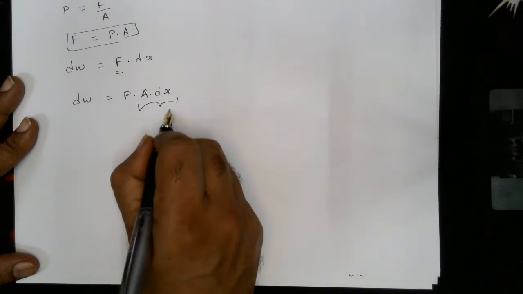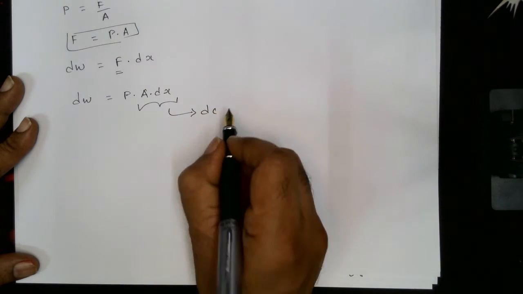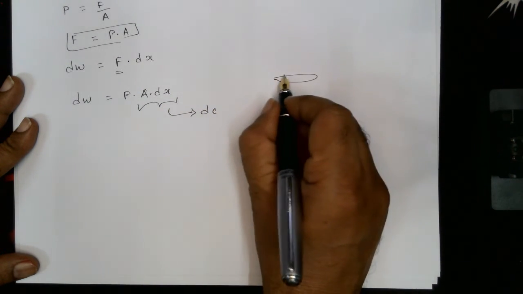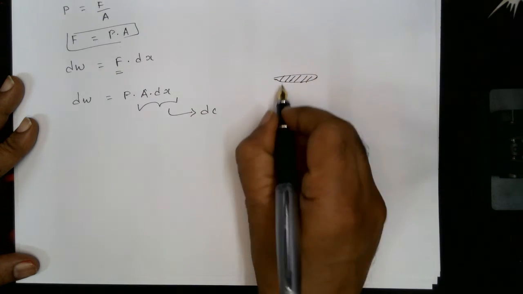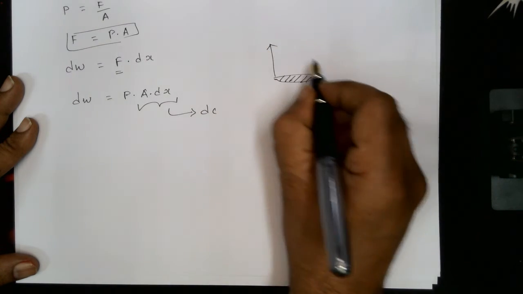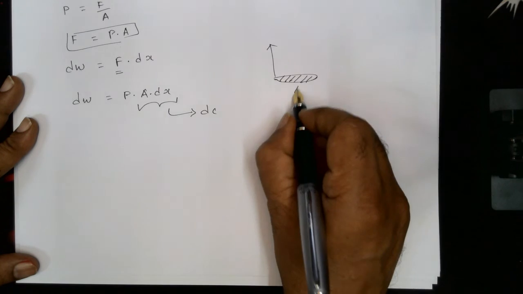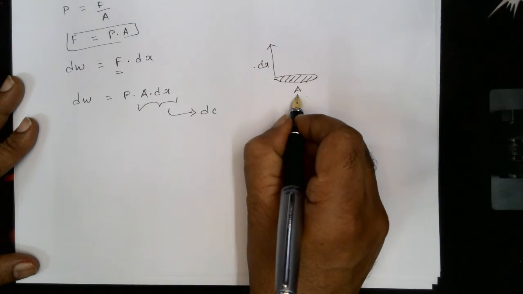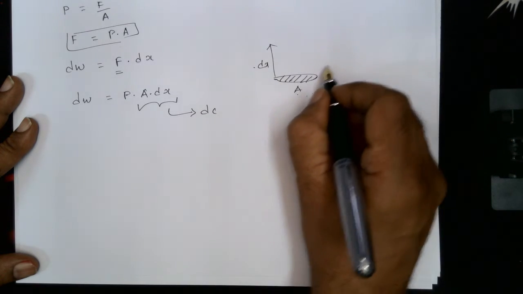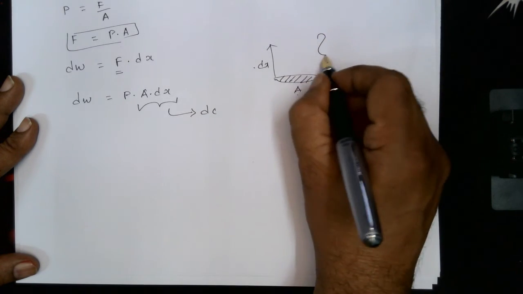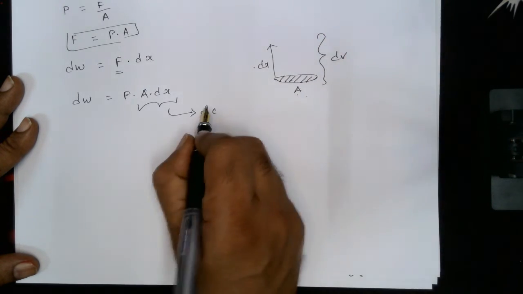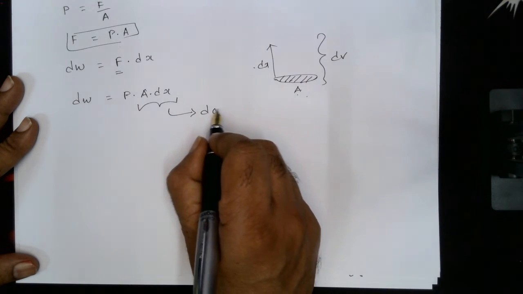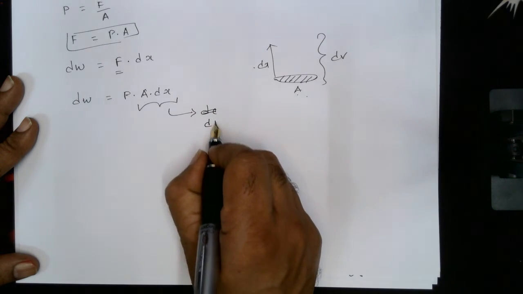A dx is nothing but the small change in volume, is it not? Some area of cross section, and it has moved to a certain distance, means this is area and this is dx. So area into the length factor means volume, is it not? So that results in change in volume, and that's why I can take this as change in volume.